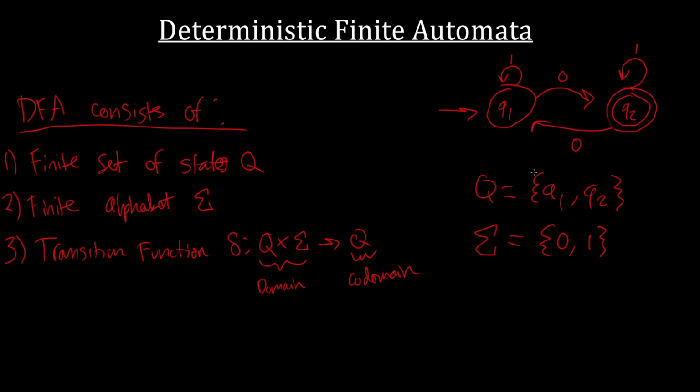Okay, so now that we've covered that, the other detail that we need to consider is that a mapping from the domain may not have two outputs in the codomain. So a state character pair cannot map to more than one state. What that means for our DFA is we can't have two transitions for the character 1. We can't have, say, this transition here from Q1 to Q2 on the character 1, because now the ordered pair Q1, 1 maps to Q2 and Q1.